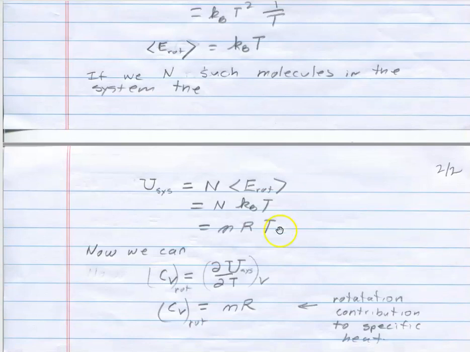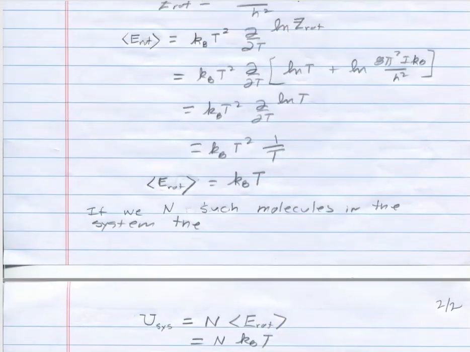And for us, it allows us to calculate the specific heat at constant volume. I haven't dwelled too much on whether it's at constant volume or constant pressure, but when I take the partial derivative with respect to T, this expression here is at constant volume.